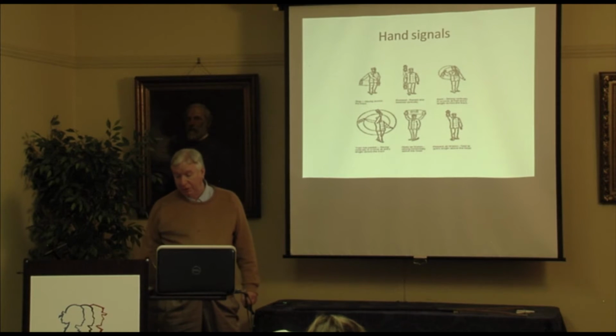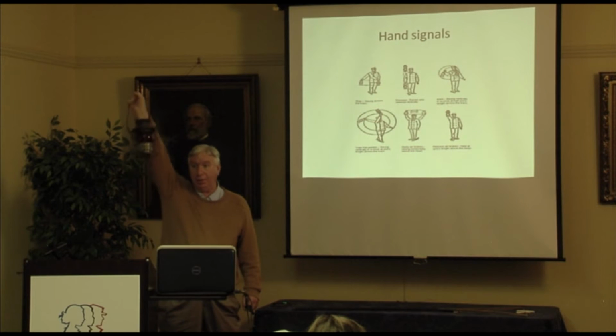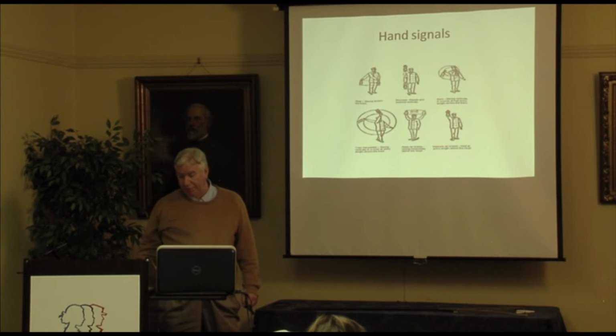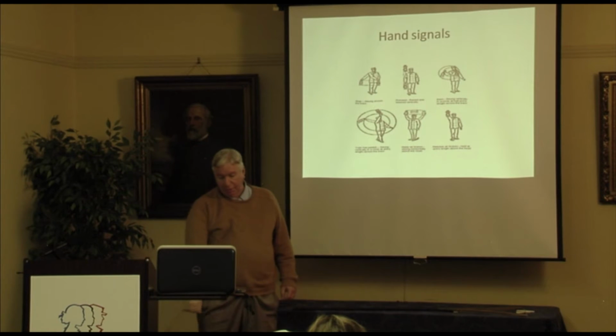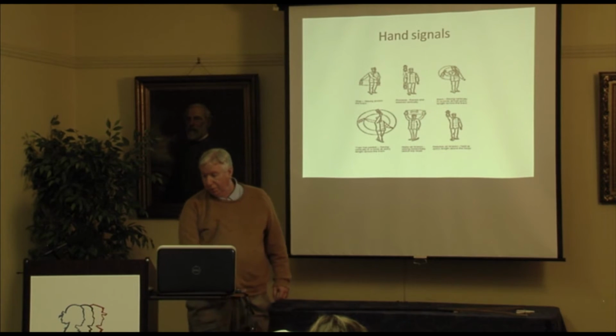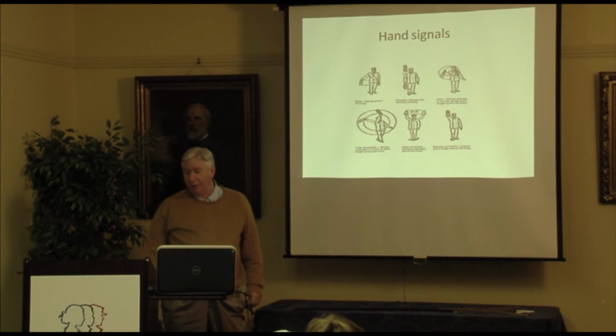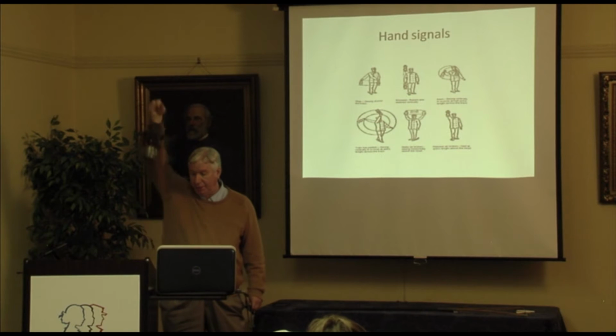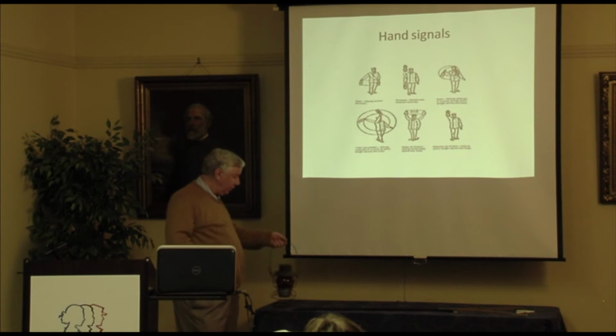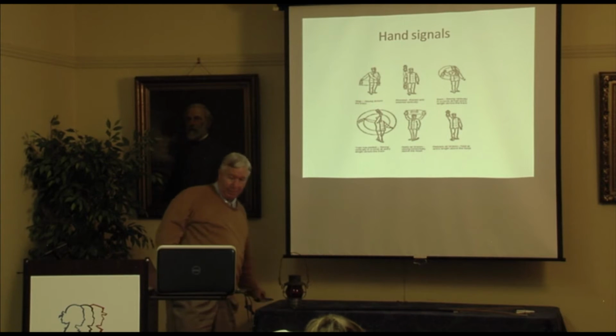When he wants them to release the air brakes, he'll hold it up here and just leave it. When he wants them to stop, he's going to hold it down low, like this, back and forth. When he wants them to proceed or go forward, he's going to go like this, straight up and down, straight up and down. That tells him to go forward. Again, all of this is a safety issue trying to prevent accidents.